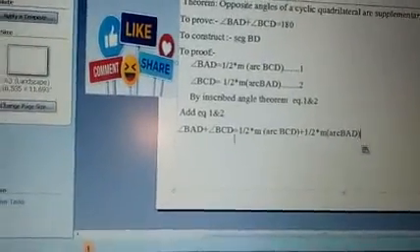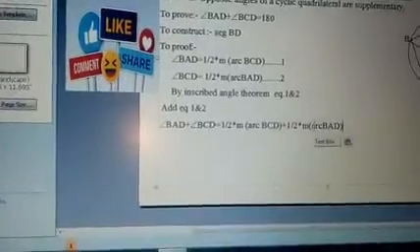Now you can see on the right hand side both have half as common.